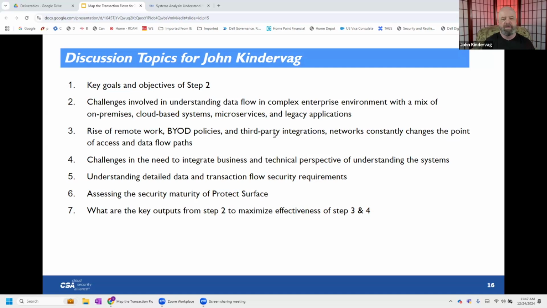Well, on the BYOD, typically the endpoint is not the protect surface. It is connecting to a protect surface. So it's not as important to understand. People want to start at the edge and move inward, but in Zero Trust, we start with the protect surface and design outward.